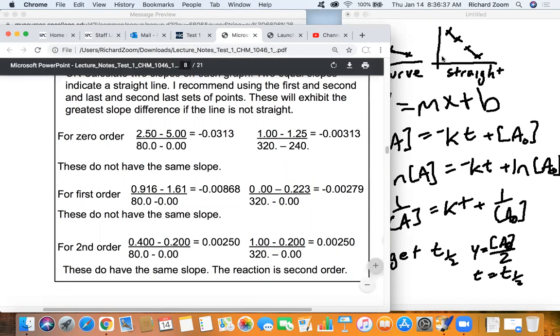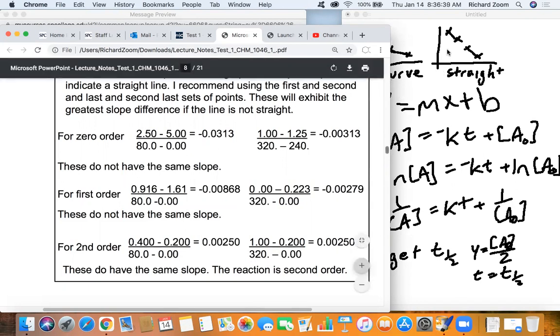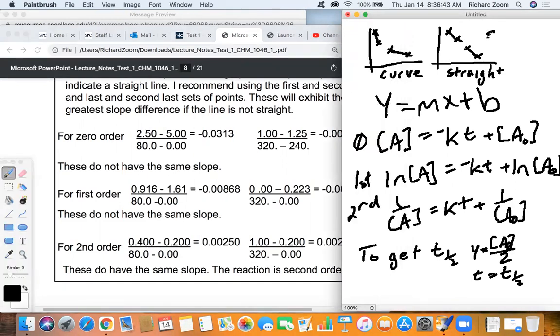So to get a slope, if you'll remember, slope is always delta y over delta x, or if you like, y2 minus y1 over x2 minus x1. I'm sure you remember that. Or rise over run.